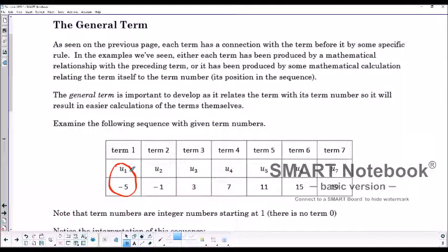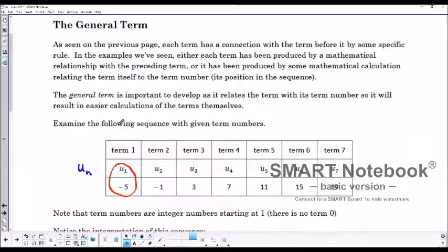And the subscripts here, in general, the terms would be u sub n. So what does that n do to get that -5? Or how do we use that n, which ends up being the values of the subscripts, 1, 2, 3, 4, etc., to get the actual term?